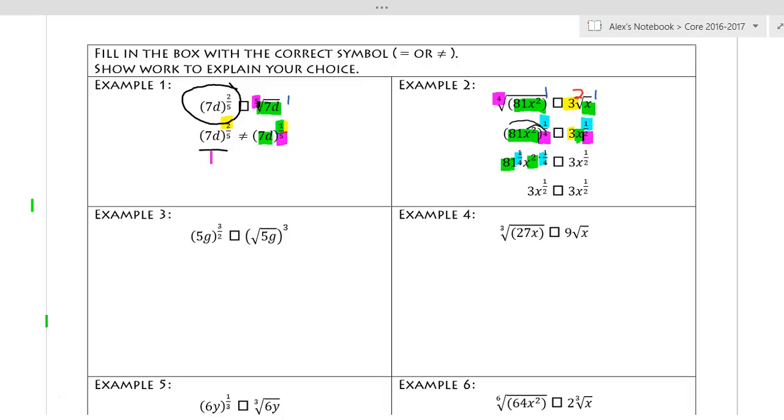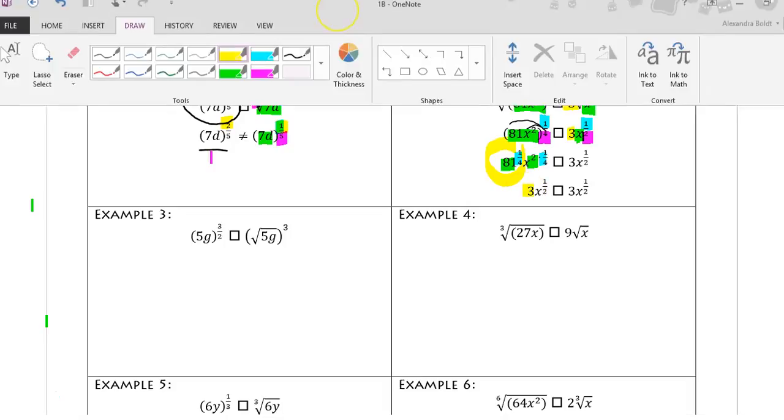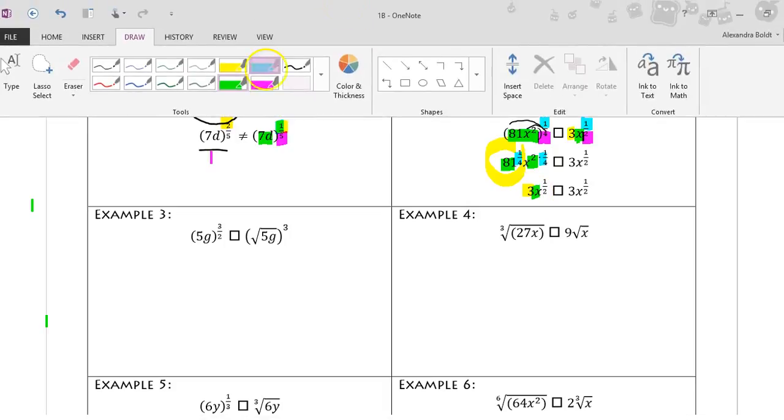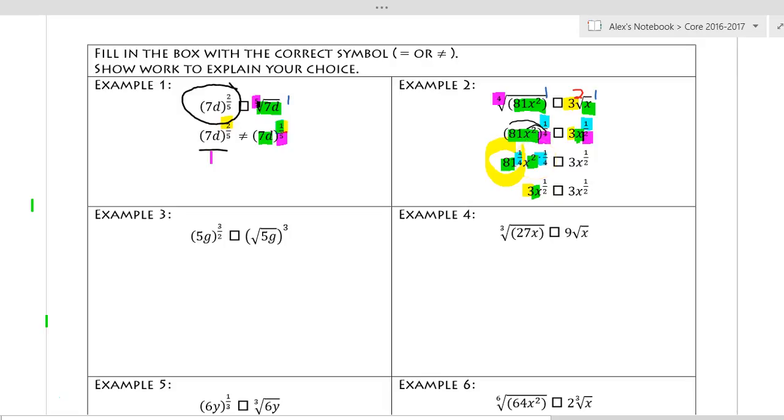Since 81 to the 1/4 is an actual number, right, I'm just typing that into my calculator. 81 to the 1/4 is 3. x squared to the 1/4, well, x is my base, and 2 times 1/4, right, is 1/2. So I have 3x to the 1/2.